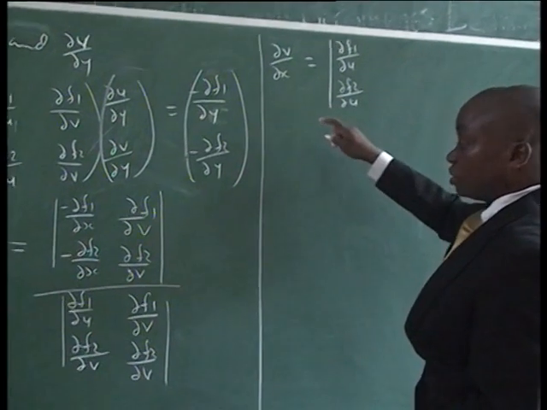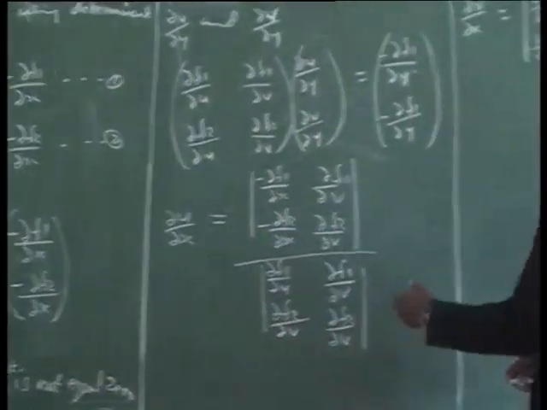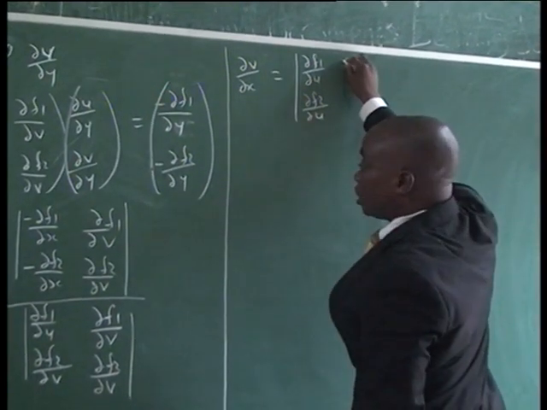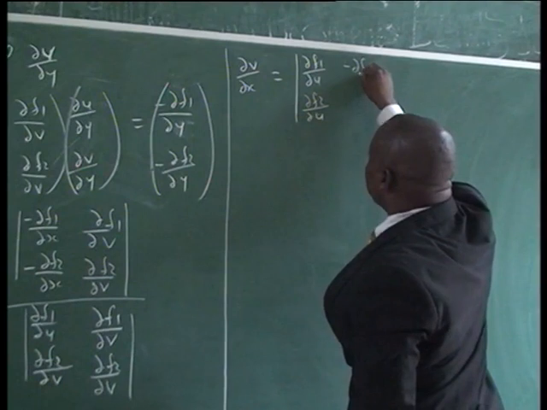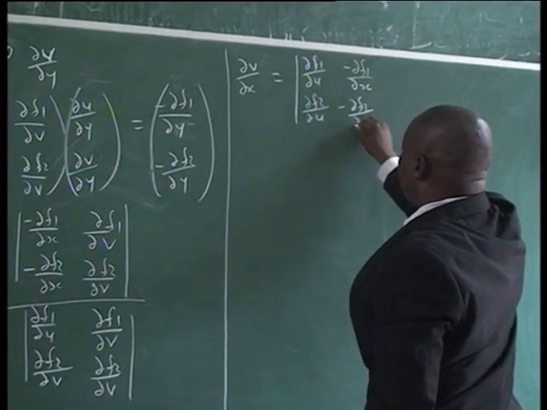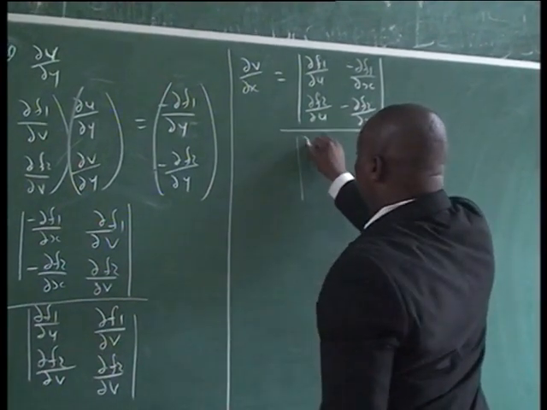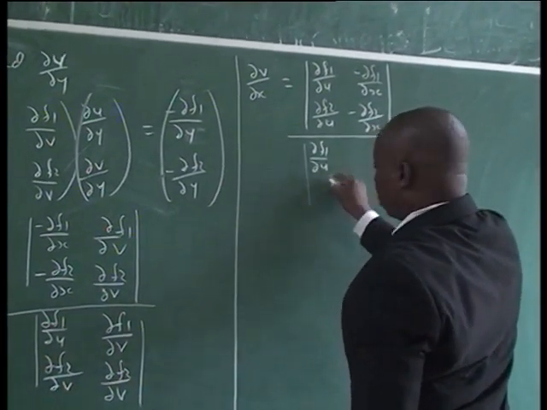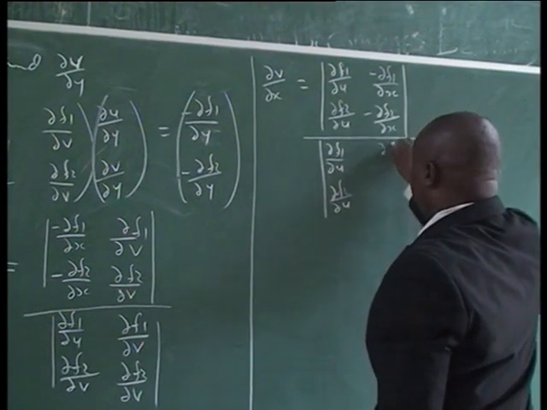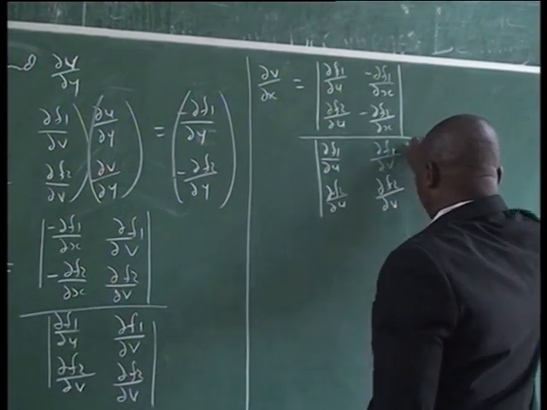Then what we do here is to bring this one also and put it in this place, so that we also remove this one, so that we have minus partial f1 partial x, minus partial f2 partial x, divided by this same determinant, partial f1 partial u, partial f2 partial u, partial f1 partial v, partial f2 partial v.